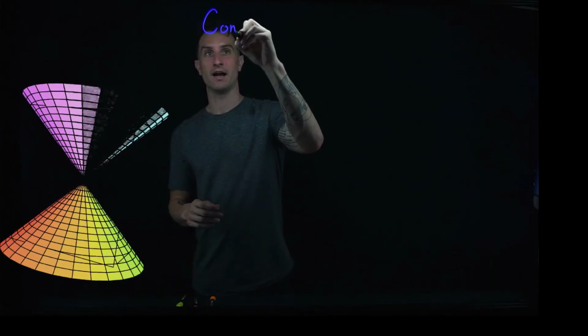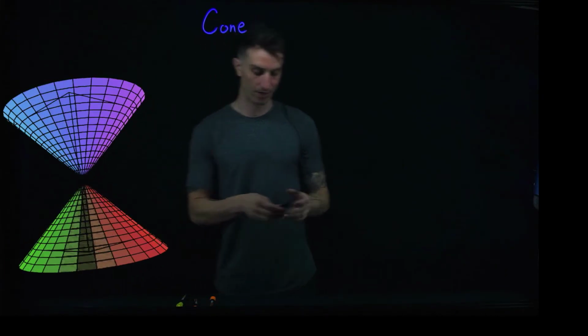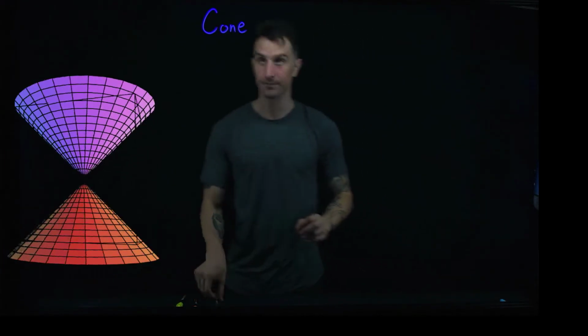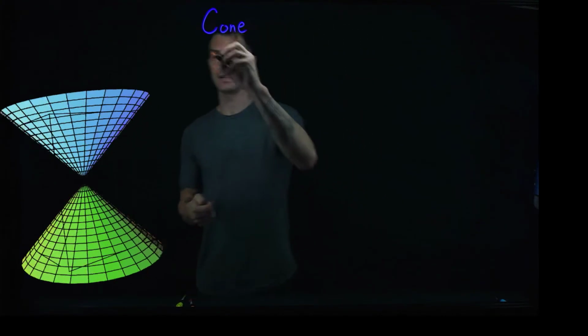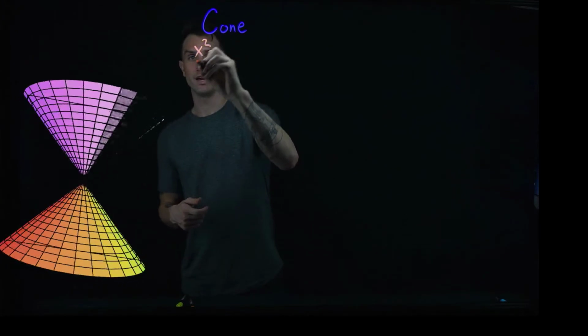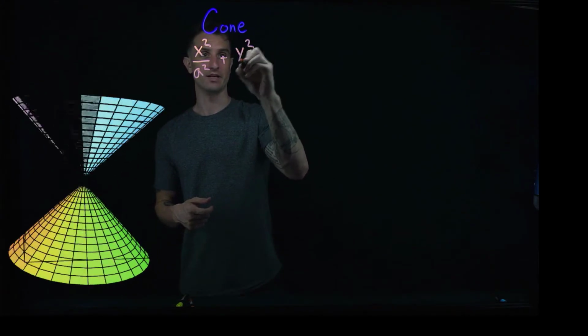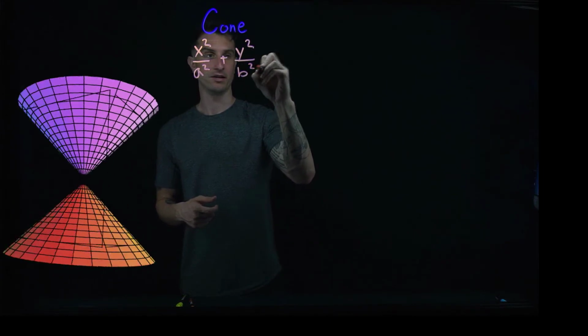All right, moving along, our next quadratic surface is a cone. I'm going to write this equation 2 different ways, but we can agree that they are equivalent. One way we might see it: x squared over a squared plus y squared over b squared is equal to z squared.